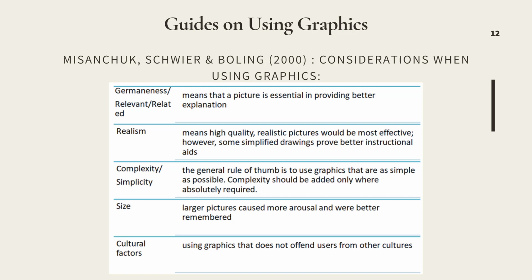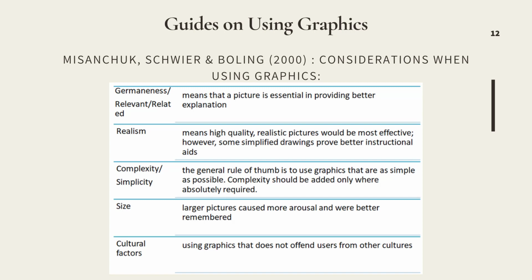And then we need to make sure it's actually realism, which means it's realistic pictures, not only maybe some illustration and so on. And then we need to make sure the picture that we use is as simple as we could. Unless we don't have any picture that is simple enough, then we can use some complex picture, which should be added only where absolutely required.